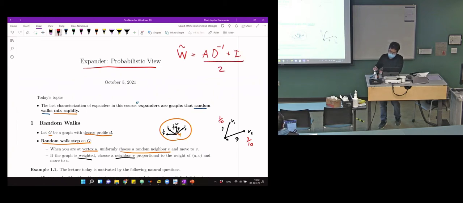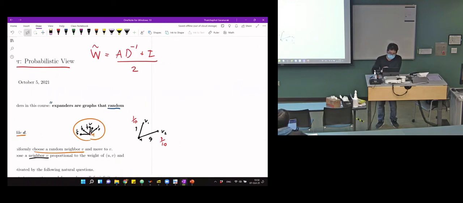Yeah, great. Right. And we have also seen that from this walk, if you have some distribution on vertices and you apply the walk, then you get a distribution on the next step.